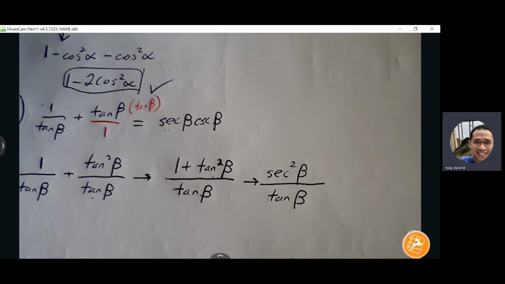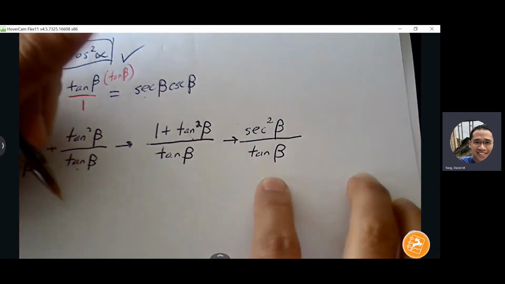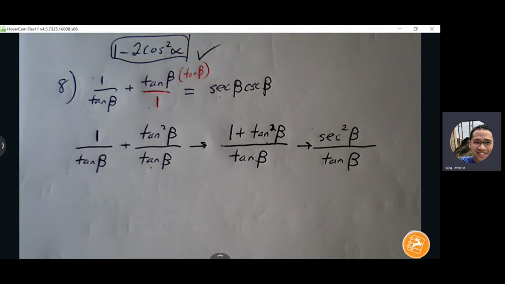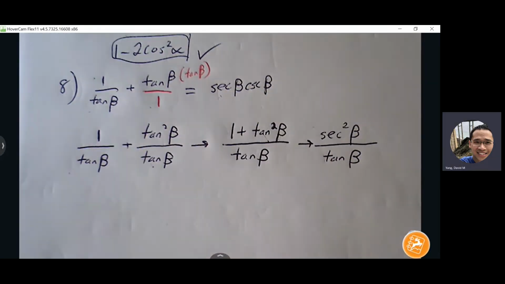Right now it feels like too much to think, how can I get tangent to look like secant? So what if I just get sine and cosine to show up, clean that up, and then bring it back in terms of secant and cosecant. I know that secant and cosecant are just reciprocals of sine and cosine, so it's just one additional step.